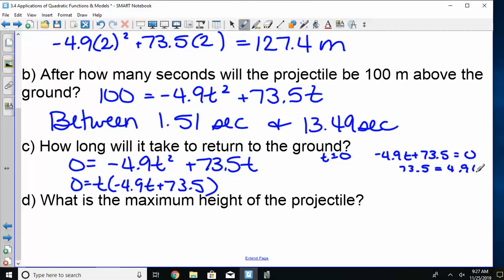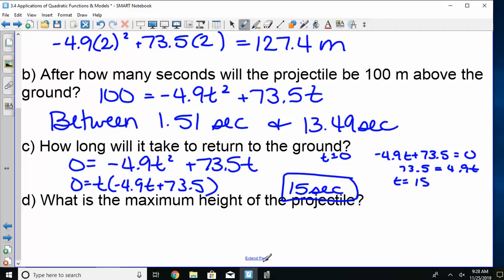Solve. So I get 0 and 15. The 0 is when we started, so how long does it take to return to the ground? 15 seconds. You could have also done it like we did part B. You would just make your y2 a 0 and find the intersection.